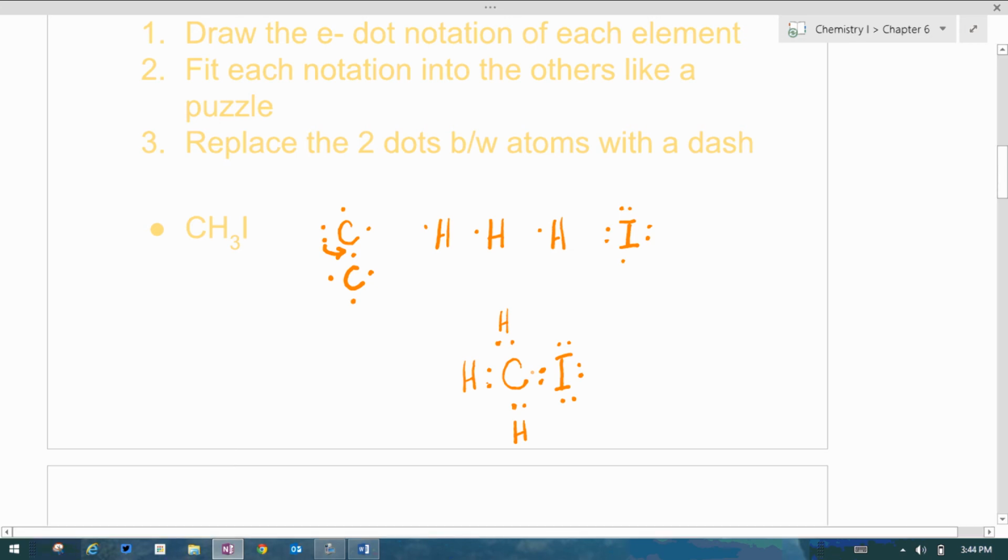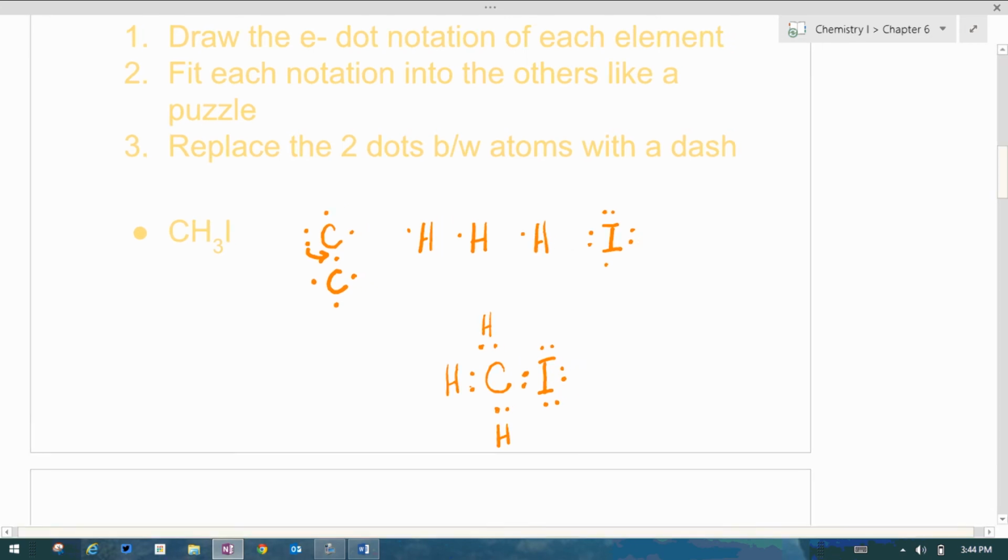Now, right now, we've just gone through step 2, fitting each notation into the others like a puzzle. What we want to do now is step 3, which is to replace the 2 dots between atoms with a dash. So I'm going to rewrite this as hydrogen dash carbon dash iodine. Don't forget iodine's extra little electrons around the outside edges.